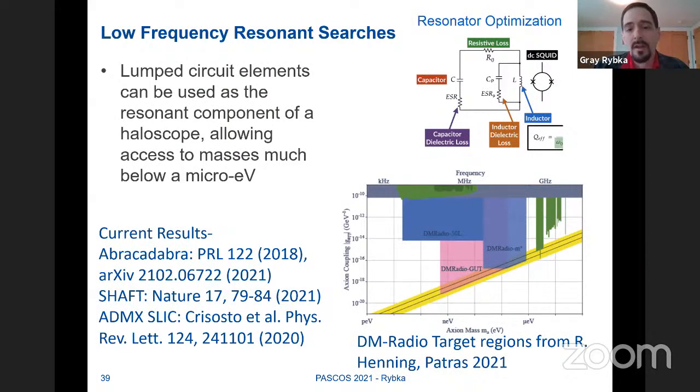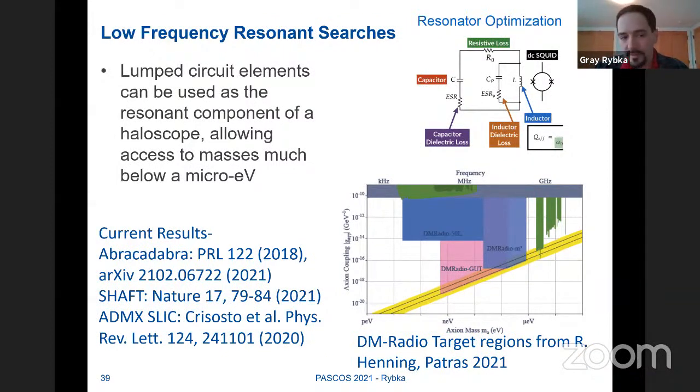If someone's excited about one, moving the other direction, looking at lower frequencies: I've focused on the micro-eV and above range for the post-inflationary axions. You've of course heard the earlier talks at this workshop describing that there are ideas for axion dark matter at lower frequency. If you want to search for those, instead of a microwave cavity, you can use a lumped-element LC circuit style resonator.